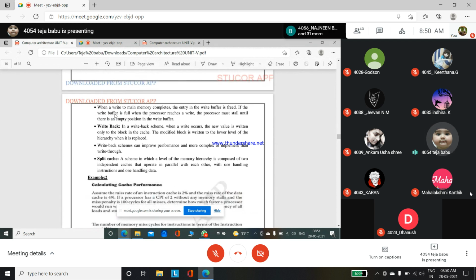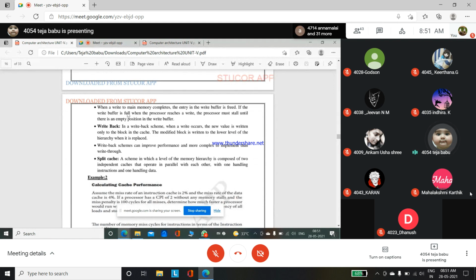Let's check the fourth point in this. When a write to main memory completes, the entry in the write buffer is freed. If the write buffer is full when the processor reaches a write, the processor must stall until there is an empty position in the write buffer.